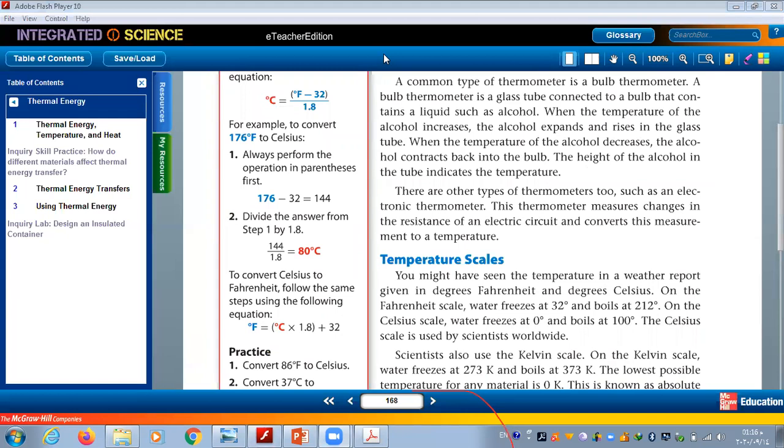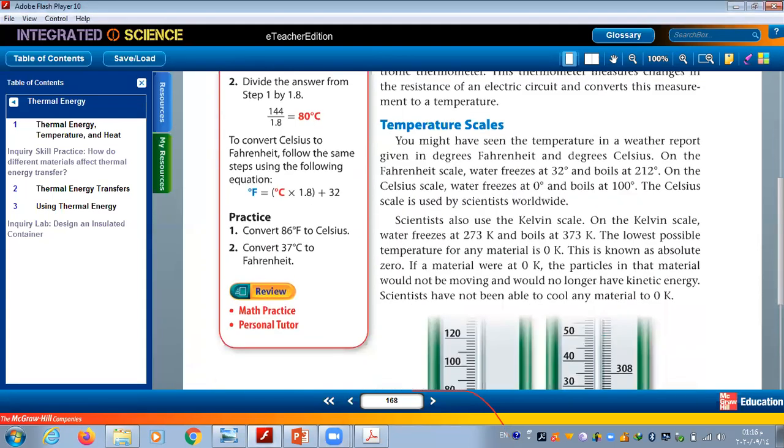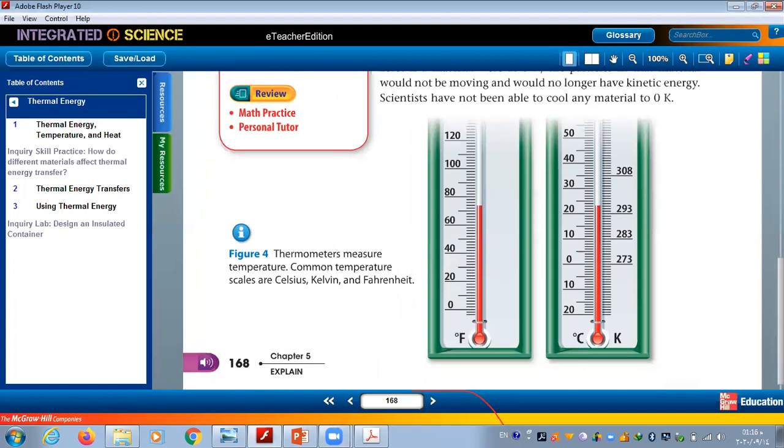Mazen? Teacher, of the bulb thermometer. Yes. We have the bulb thermometer, a glass tube in the middle, and inside it we have alcohol or mercury.